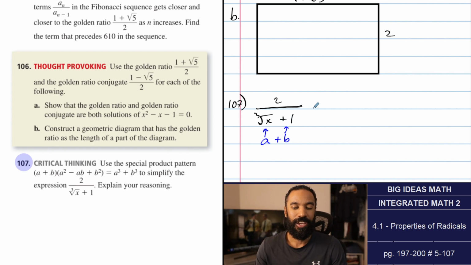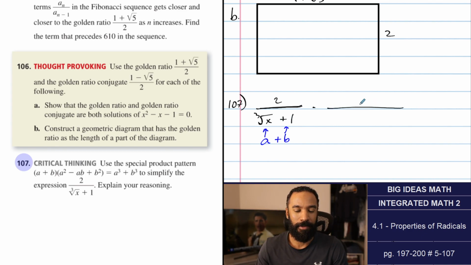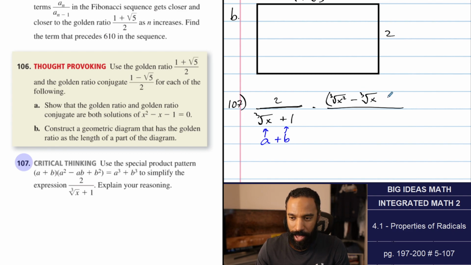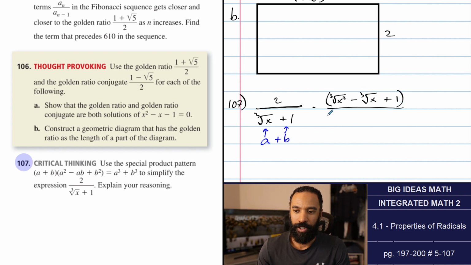And this thing, we can multiply top and bottom by, yes, the cube root of x squared minus 1 times the cube root of x, so minus cube root of x, plus 1 squared over this. Yes, sum of 2 cubes.